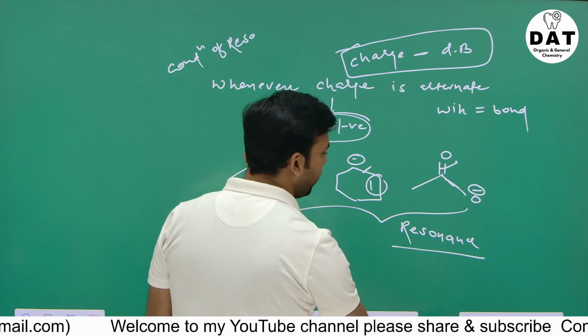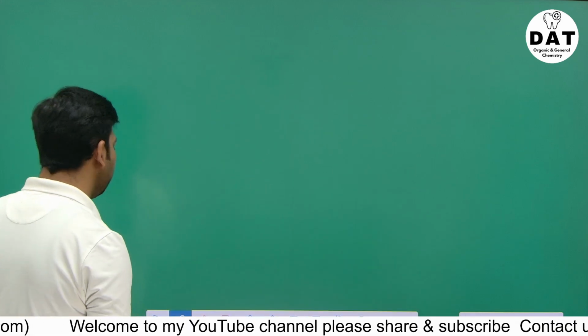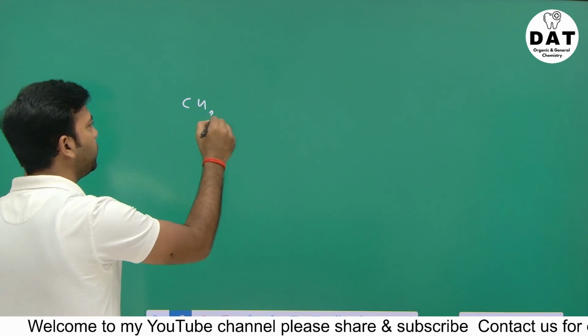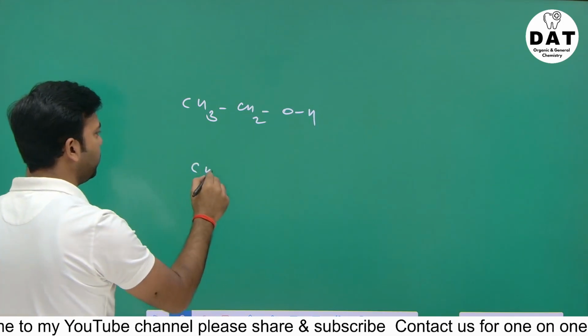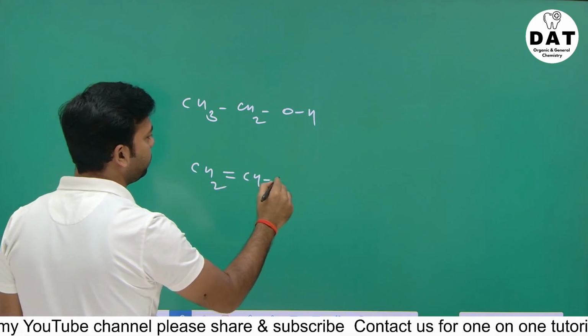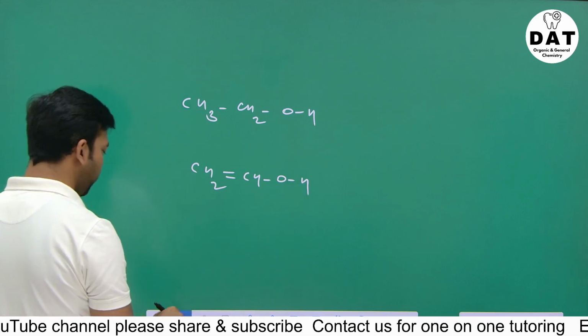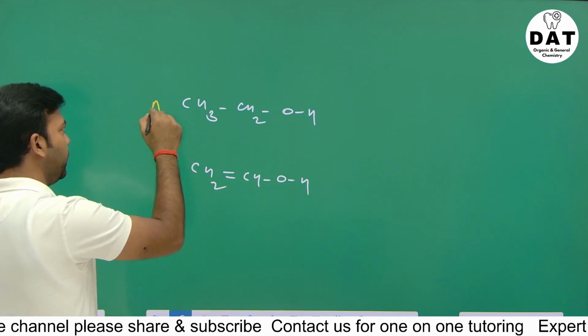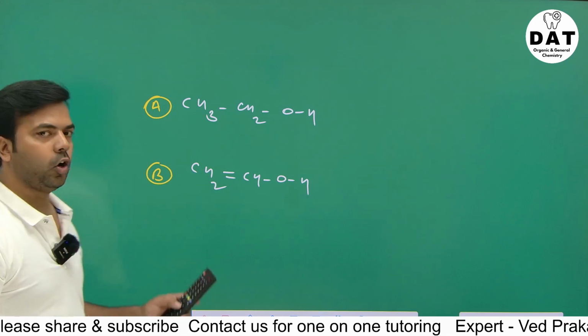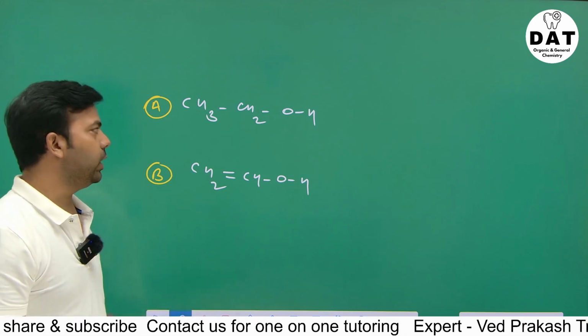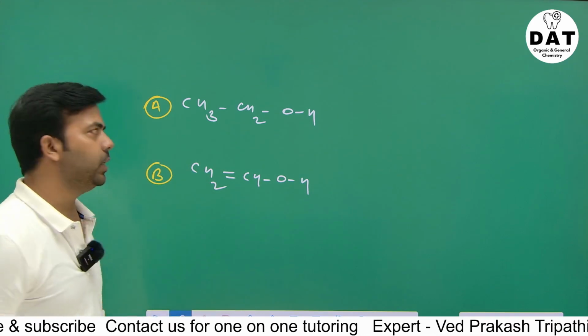Now look at the acidic strength with the resonance. Suppose we have two acids, one is CH3CH2OH and one is CH2=CHOH. If you have to compare the acidic strength of the given acids A and B, the first job is to eliminate the proton from the given acid and draw the conjugate base.